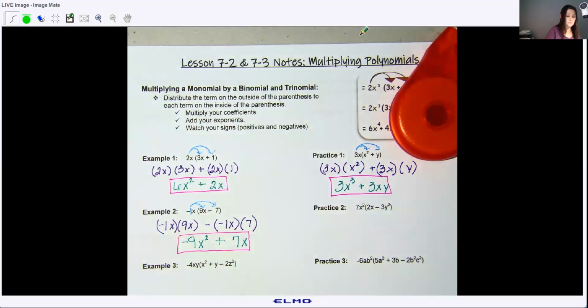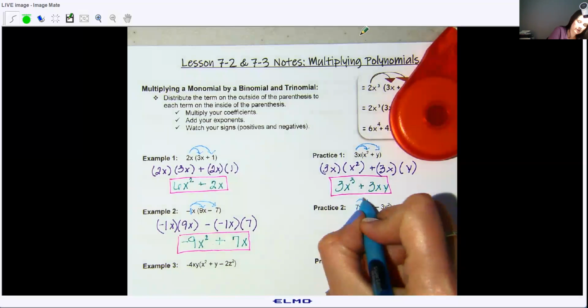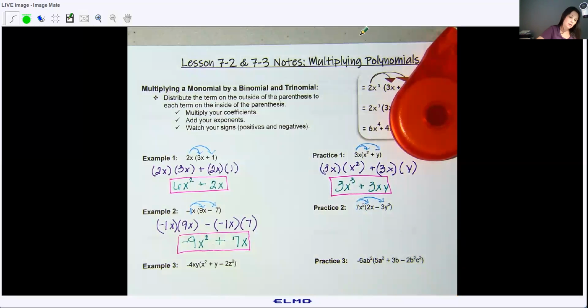Right. Next problem, 7x squared times 2x and 7x squared times negative 3y squared.